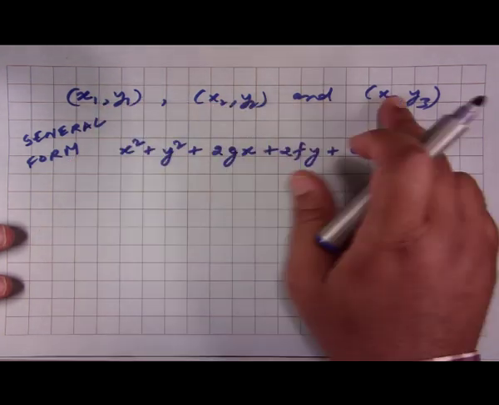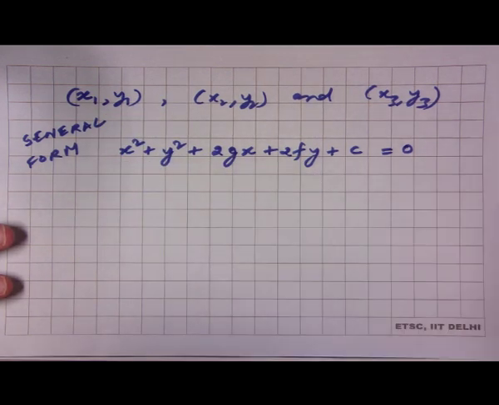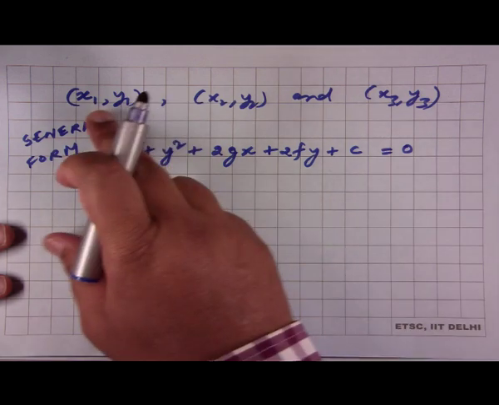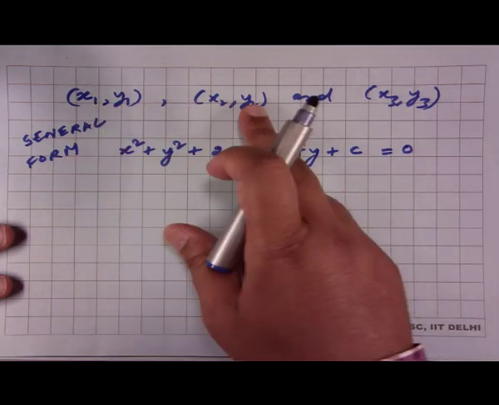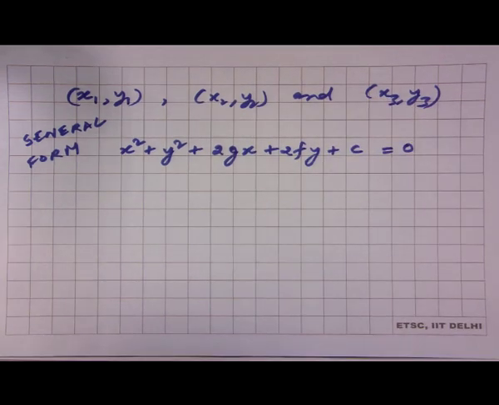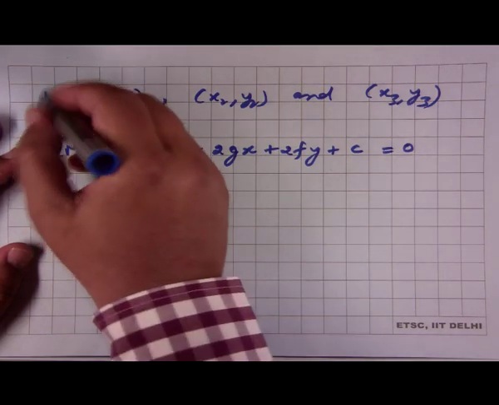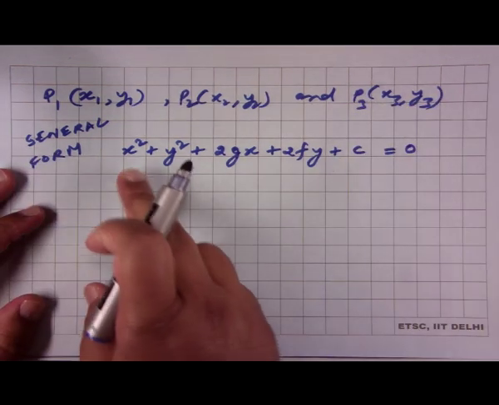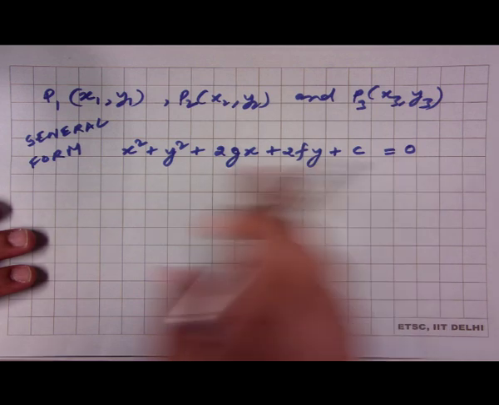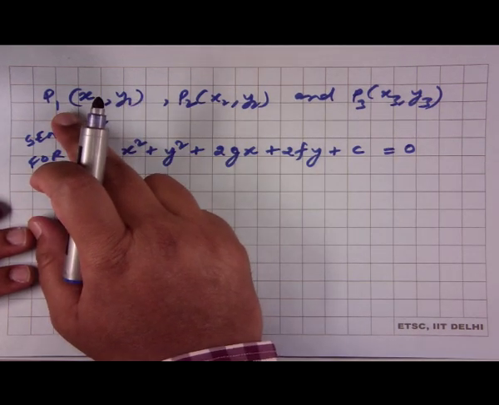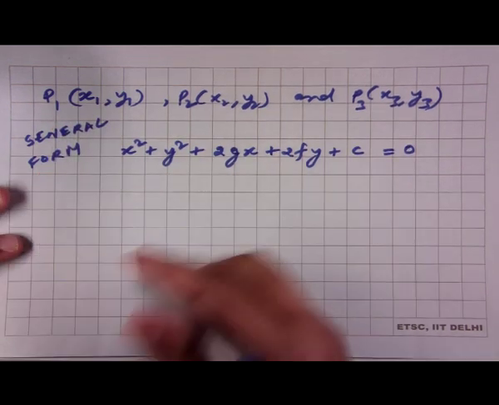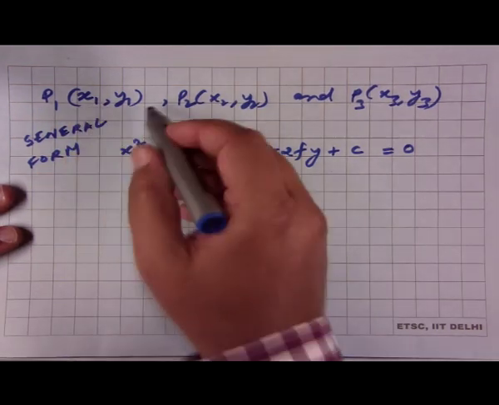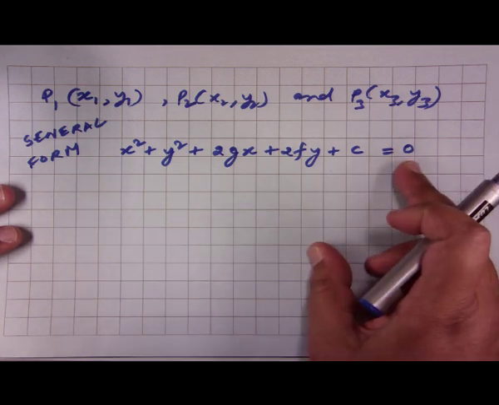Since these 3 points lie on this circle, this equation must be satisfied by the coordinates of all these 3 points. Since this equation must be satisfied by the coordinates of the first point P1, if we replace x and y by x1 and y1, we should still get a 0 on the right hand side.